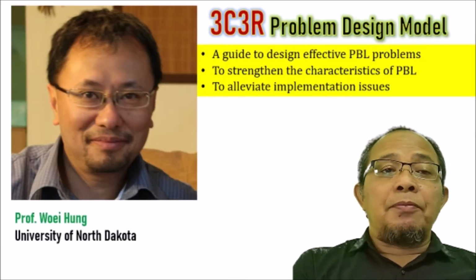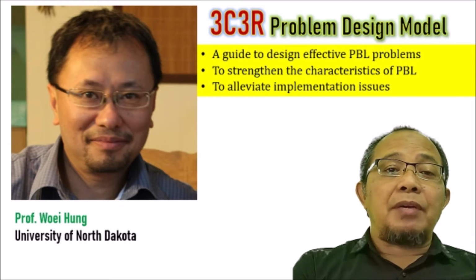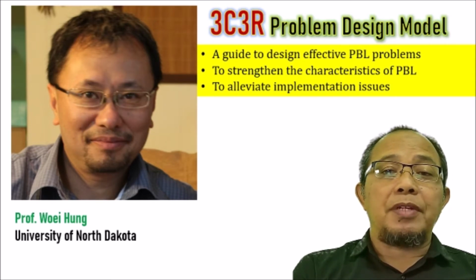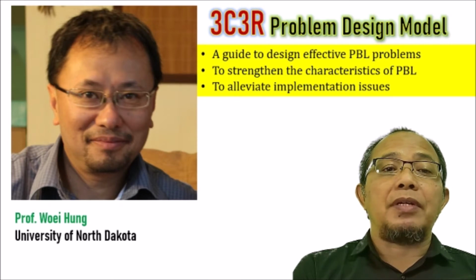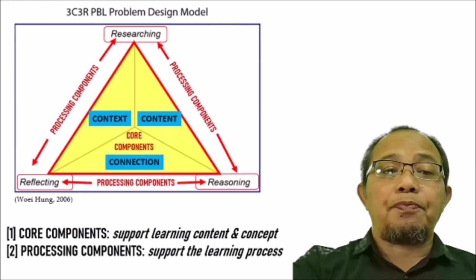As discussed in the previous video, the 3C3R PBL problem design model was developed by Professor Wei Hong specifically to guide PBL practitioners to design effective PBL problems for all levels of learners, strengthening the characteristics of PBL and alleviating implementation issues related to the lack of content mastery and learning skills.